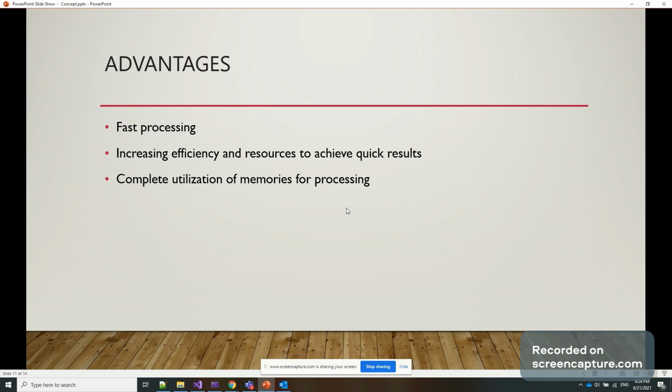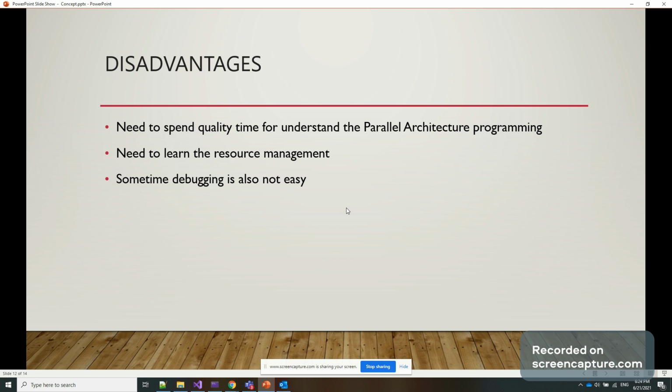As I mentioned, core-wise, like 4 core, 6 core, 8 core and so on, based on our requirement we can utilize the resources using parallel programming. And after that, there is resource management, which I already covered: based on our need, we can manage the resources.